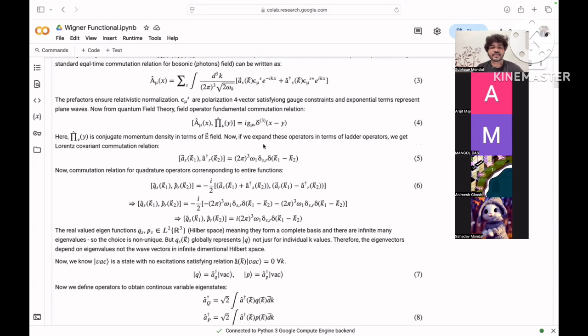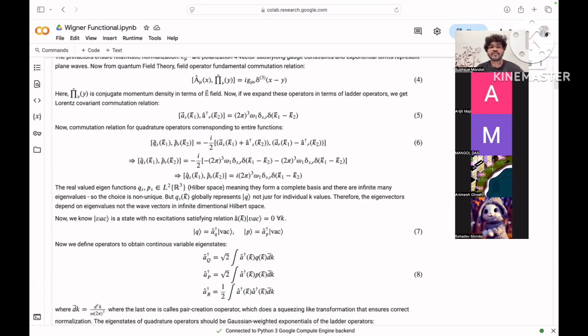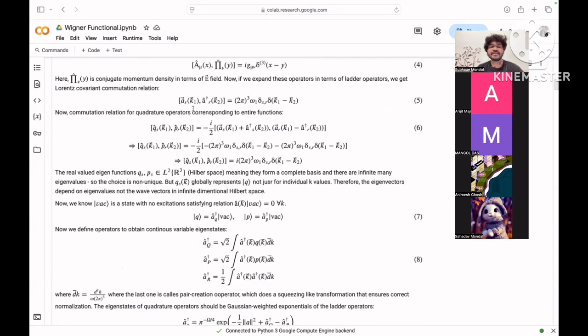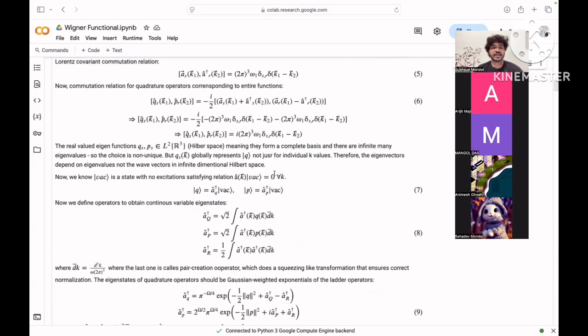After that we did some calculations and found that these two operators satisfy this commutation relation.